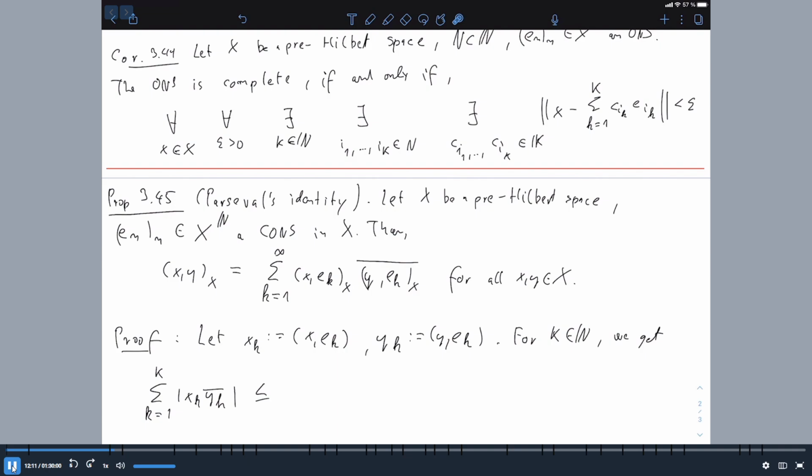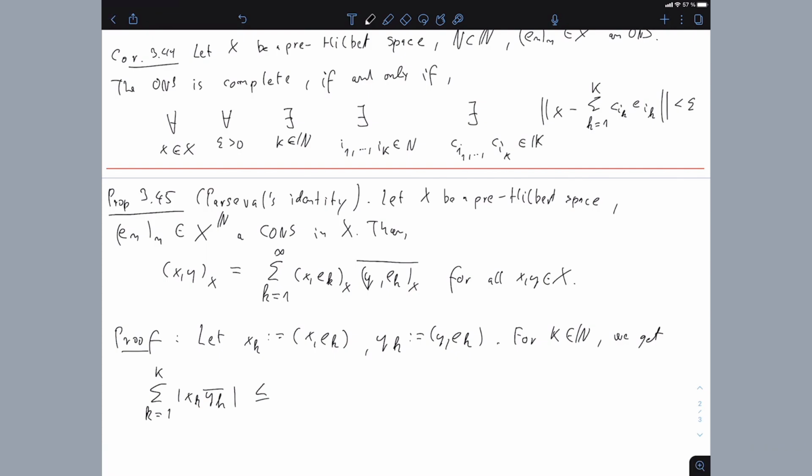There are not so many named inequalities that we have at our disposal from linear algebra. Yes, we can use Cauchy-Schwarz. This is like Cauchy-Schwarz for the complex scalar product.